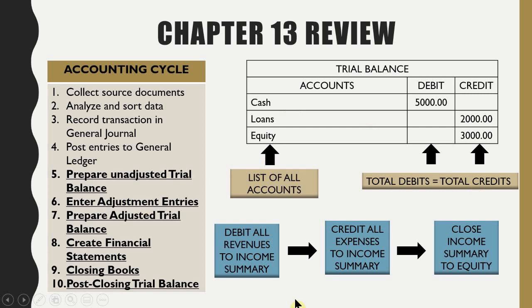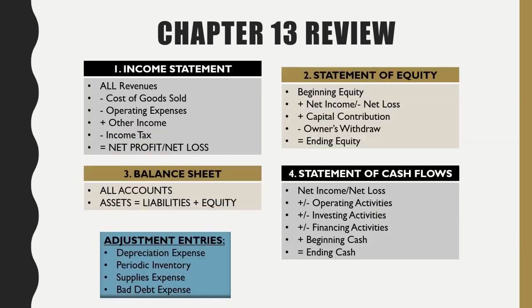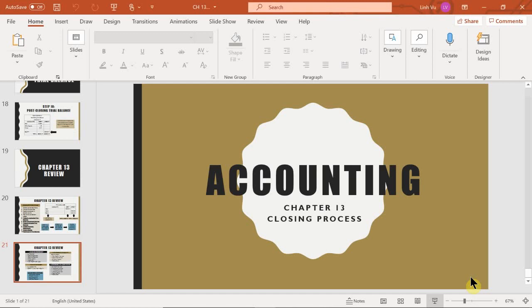To close the books, you debit all of your revenues, you credit all of your expenses, and you either credit or debit, depending on the kind of balance in your income summary, and close your income summary out to equity. And these are the 4 financial statements with bullet points on exactly how you compute them. Any questions in regards to chapter 13?